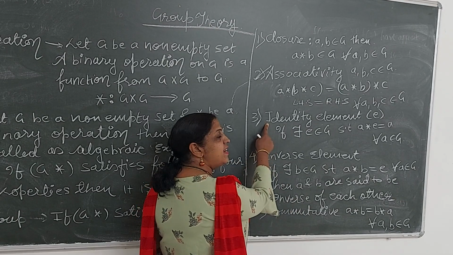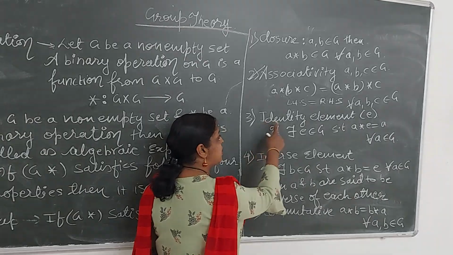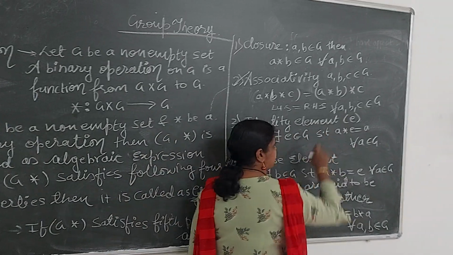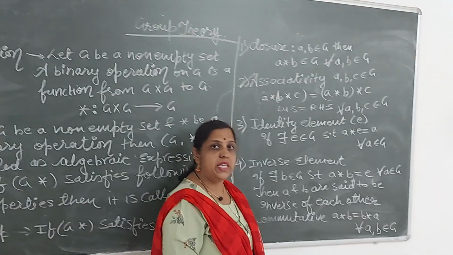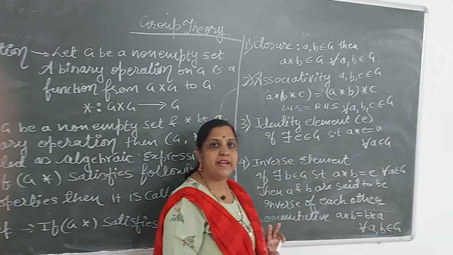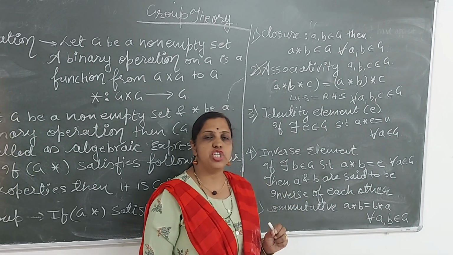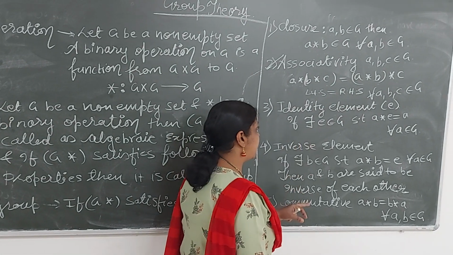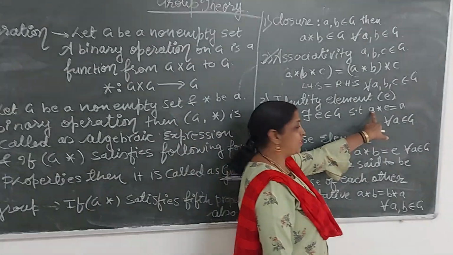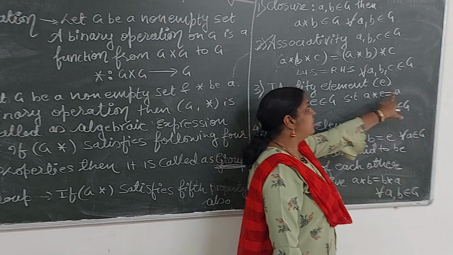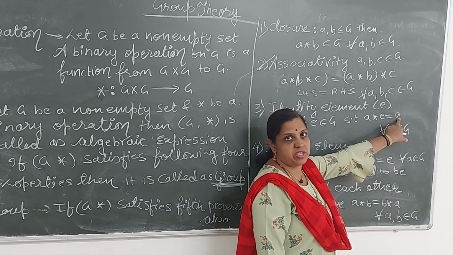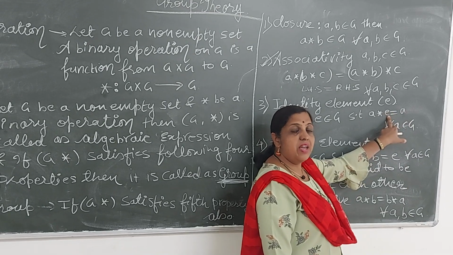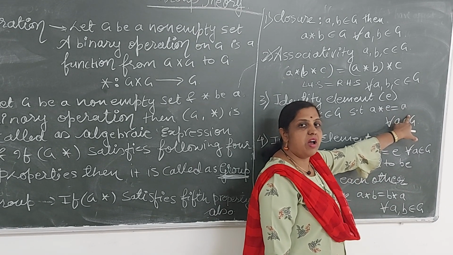Third is identity element. Identity element is always represented by the symbol E. The speciality of the identity element is that whenever a binary operation is taken, that is A star E, A remains unaffected.